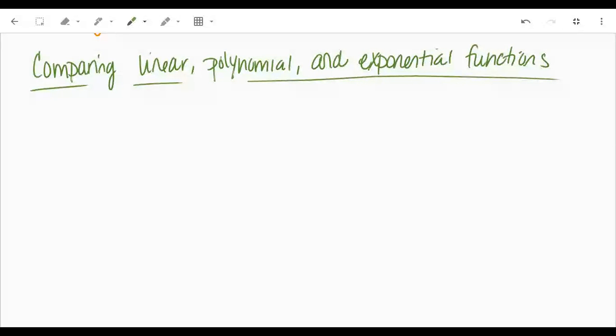Okay, so this one says compare the functions. f of x is 2x cubed, and g of x is 2 to the x, by completing a table and this little inequality.